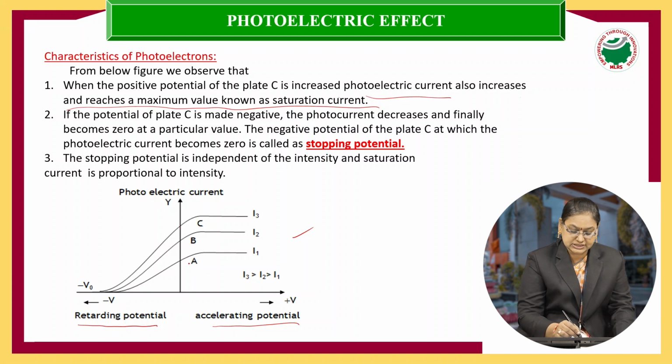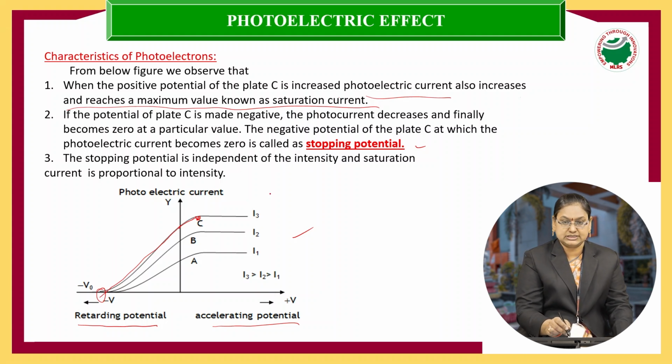If the potential of plate C is made negative, the photoelectric current decreases and finally becomes zero at a particular value. The negative potential of plate C at which photoelectric current becomes zero is called stopping potential. The stopping potential is independent of the intensity, and saturation current is proportional to intensity.